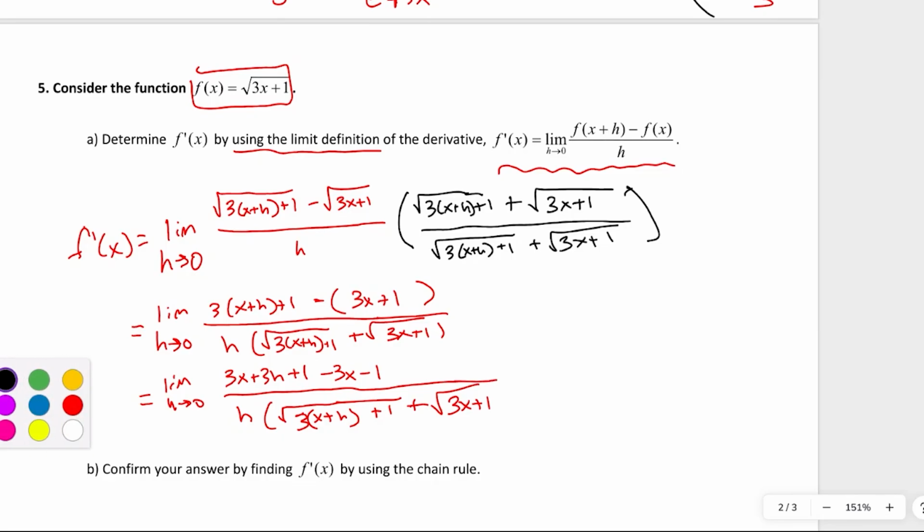Now in that numerator, we can see that the 3x's are going to sum to 0. Same thing with the 1 minus 1. And so we're just left with 3h in the numerator.